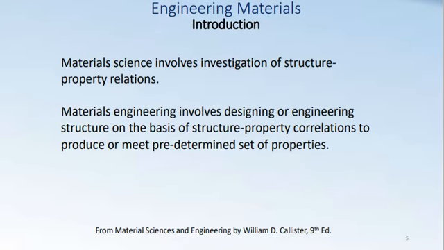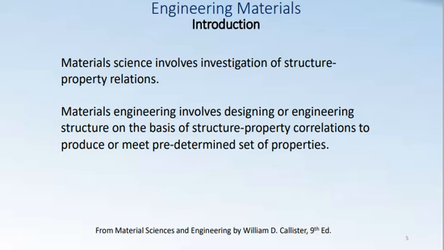Material science and engineering is broadly categorized into two main categories. One is material science, the other is material engineering. Material science is investigation of structure property relations, and the one who studies structure property relations is called a material scientist.